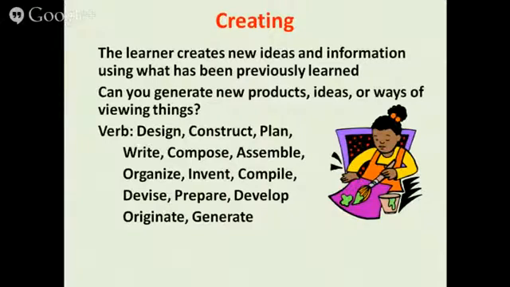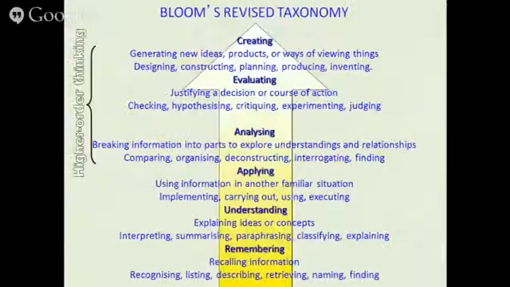So in a nutshell, once we are talking of objectives in the cognitive domain, they can be written at 6 different levels. If I just go back and show you, these 6 levels are remembering, which requires recall of information; understanding, that is explaining ideas or concepts in one's own words, where the ability to interpret, summarize, paraphrase, classify, explain is expected of the student.